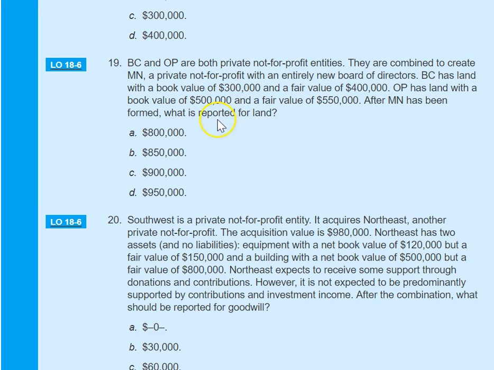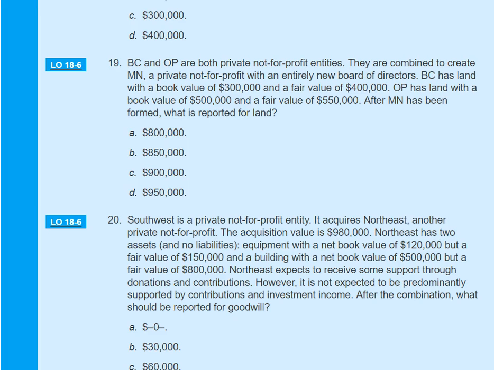If you add this, their total combined land value will be 800,000. So the answer is A. So the summary is that for this merger situation, you have to use the carryover method, and you have to add those assets and liabilities as per the book values, not the fair value.